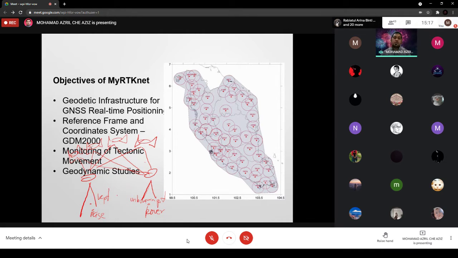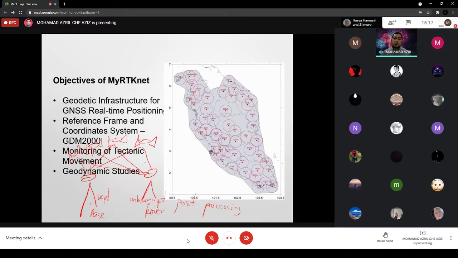So the surveyor needs to go to the office, do the processing of the data, process the coordinate, and then get the coordinate. This method we call post processing.